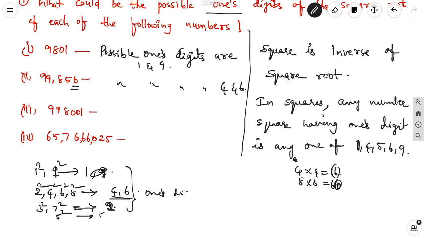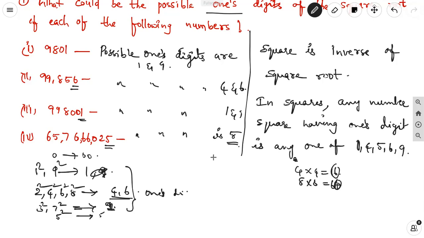So all numbers 1, 2, 3, 4, 5, 6, 7, 8, 9 came. And for zeros, if there is an odd number of zeros at the end, then it is not a perfect square. So here the possible ones digits are 1 and 9 only. For 5, the only possible digit is 5.